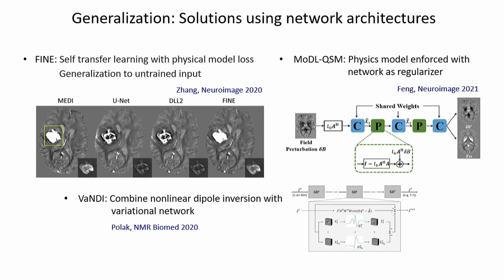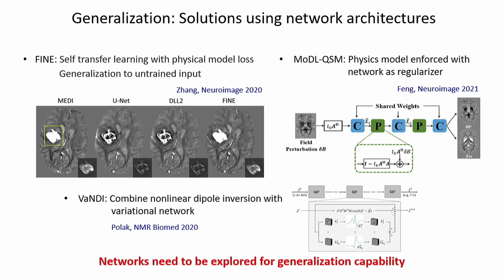Similarly, you can combine this variational network with the nonlinear dipole inversion so that you can enforce the physics on your data reconstruction. Having said that, all of them are based on certain models of QSM, either dipole or STI. They are not really what happens in the brain. Physics in the brain is much more complicated, with exchange and microstructure orientation effects playing a role.